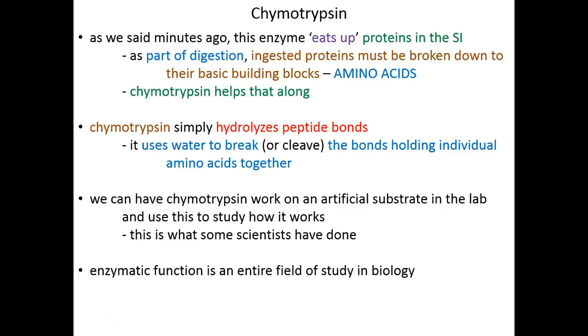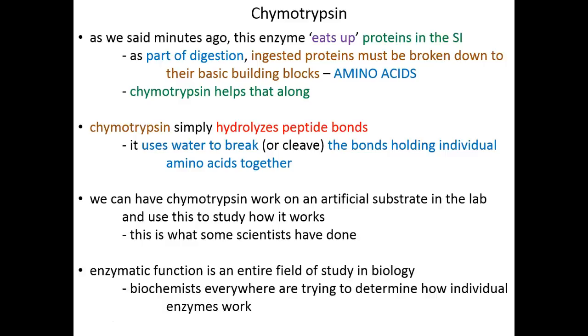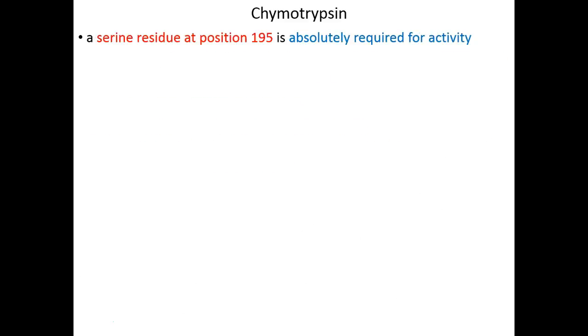So scientists studied chymotrypsin in a tube, and kind of fooled it into digesting these man-made artificial substrates so that we can watch it in real time. Enzymatic function in general, and the overall determining of enzymatic mechanisms, is an entire subfield of biochemistry. Biochemists everywhere are trying to determine enzymatic mechanisms for enzymes that are clinically and physiologically relevant.